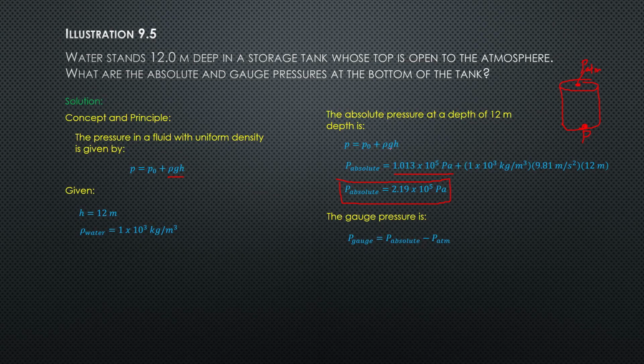Using the values, absolute pressure 2.19 times 10 to the 5 Pascal minus atmospheric pressure 1.013 times 10 to the 5 Pascal, which is equivalent to 1.177 times 10 to the 5 Pascal.